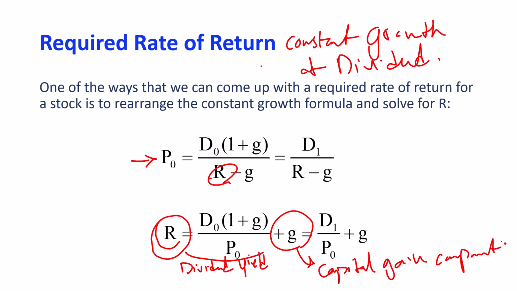So when you invest in a stock, your return comes from two ways. One is from the income, which is the dividends that you receive. The other one is with the expectation of the stock price going up. So that's what we call the capital gain component.